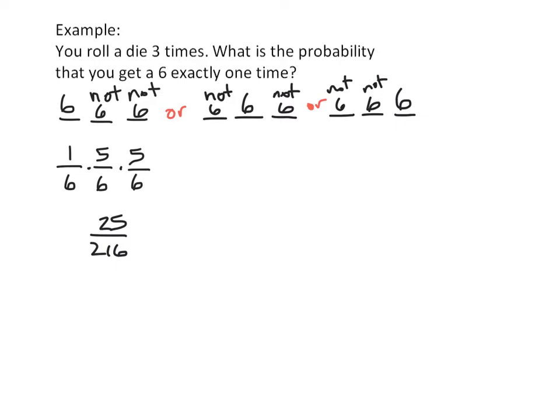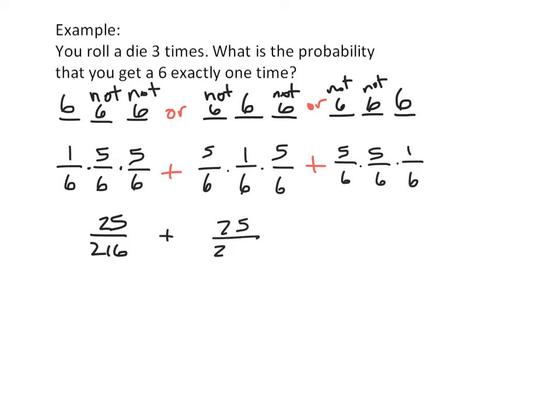So what does that mean we have to do? It means we have to add 3 different situations up, the probabilities. For each of these, what's the probability of not getting a 6? Well, we already said that's 5 out of 6, and then 1 out of 6 for getting a 6. And then not a 6 is 5 out of 6 again. Same thing over here: 5 out of 6 times 5 out of 6 times 1 out of 6. So each and every one of these is going to be 25 out of 216.